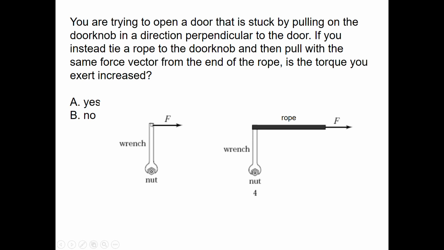We can either apply a certain force directly on the handle of the doorknob, or we can tie a rope to the doorknob and then pull on the end of the rope farther away from the doorknob. In which case am I exerting a greater torque? Or this one is phrased as, am I increasing the torque relative to the first case in the second case? Yes or no?